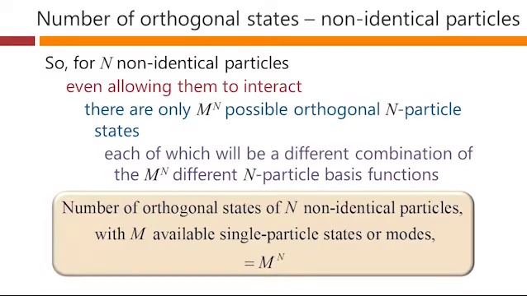So the total number of orthogonal states of n non-identical particles with m available single particle states or modes is m to the power n, which of course has to be equal to the total number of orthogonal basis functions for this n-particle system, in this case with m available single particle states or modes.